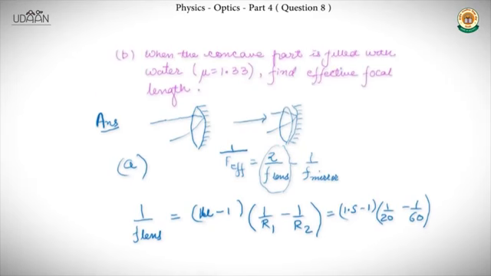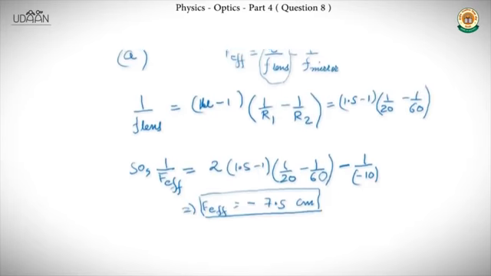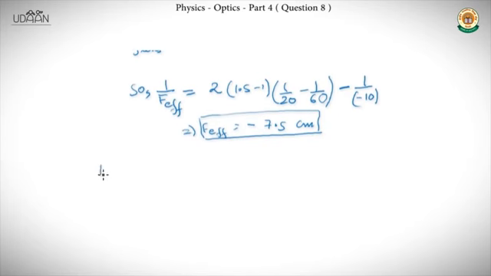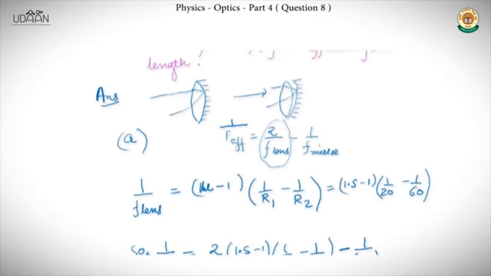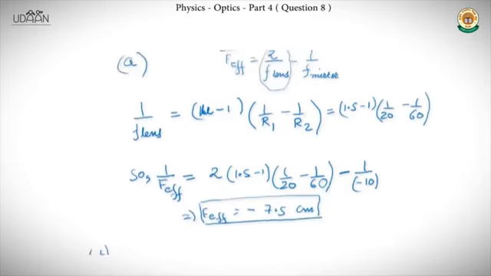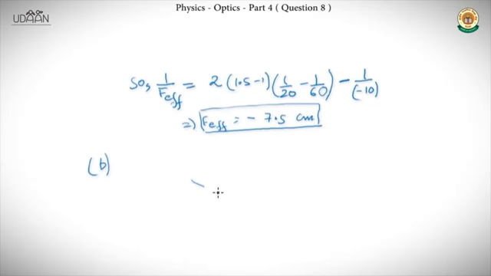Now we will proceed to the B part. In the B part, the water is filled. So basically, when the water is filled, it can be considered as a separate lens. Like this, when the water is filled, the liquid water can be considered as a separate lens in front of the given lens.